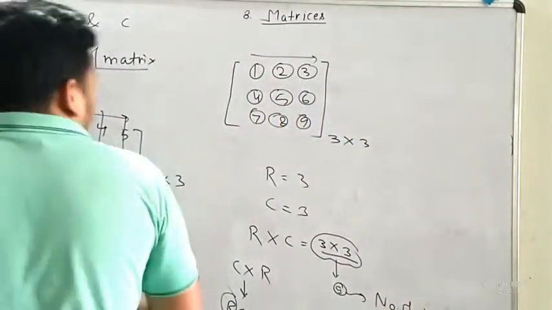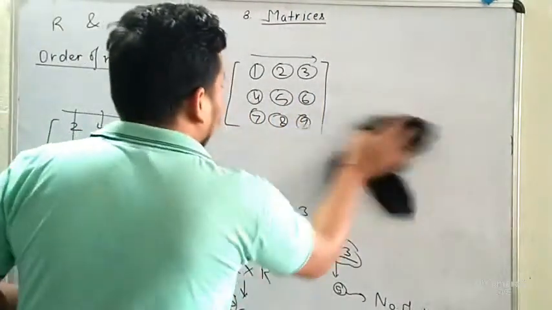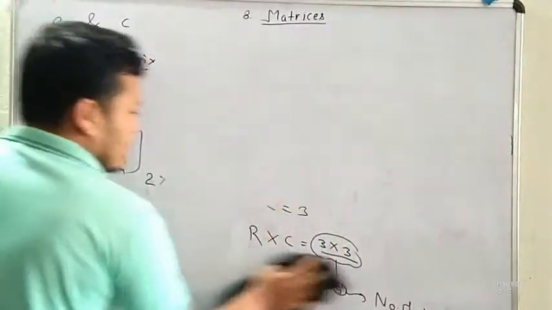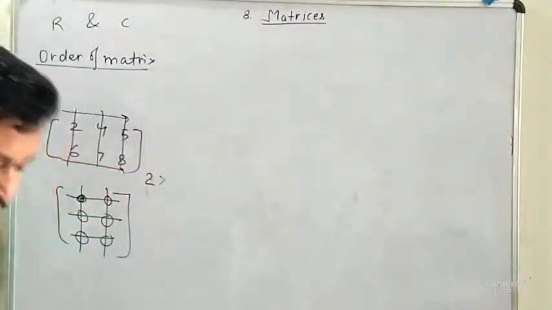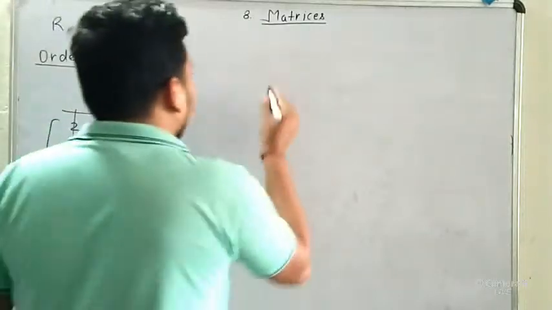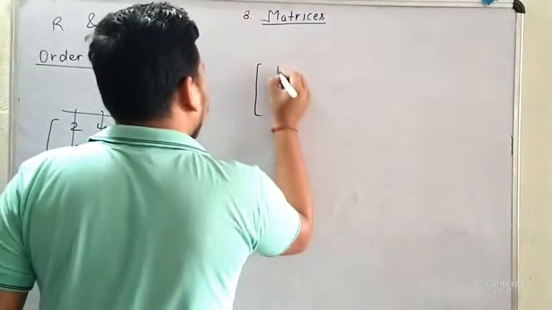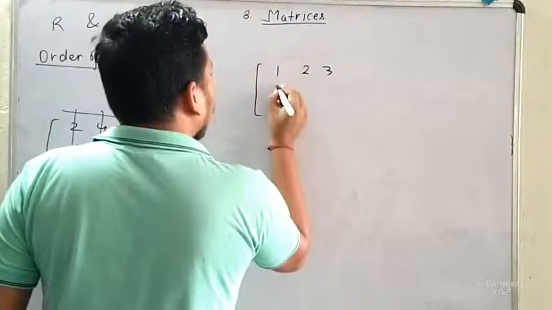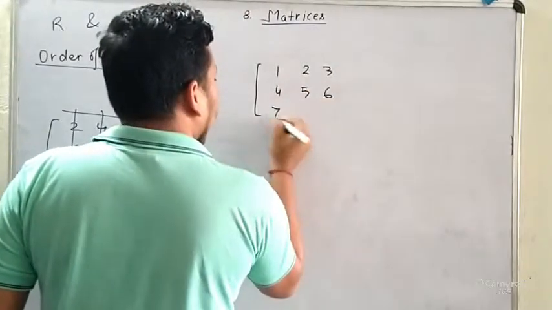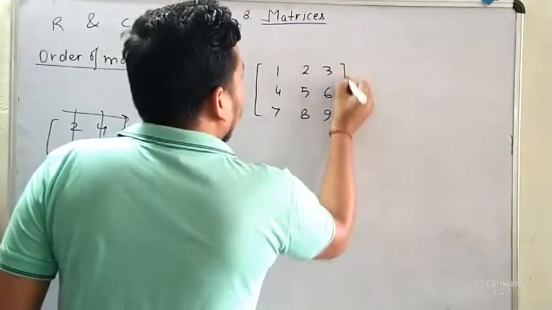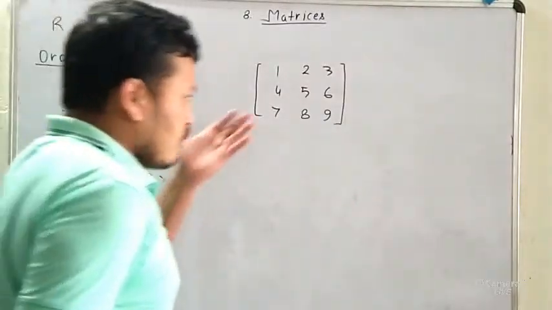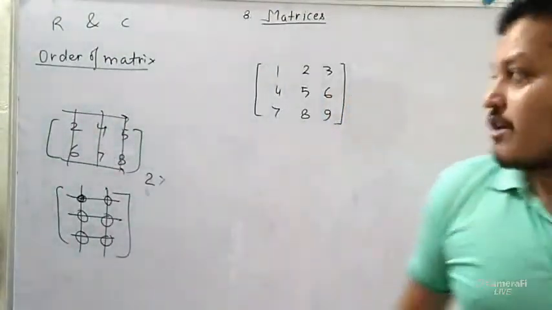Next, a question may arise in your mind. I told you it is a rectangular arrangement of numbers, but sometimes I write here 1, 2, 3, 4, 5, 6, 7, 8, 9. What is the order here?